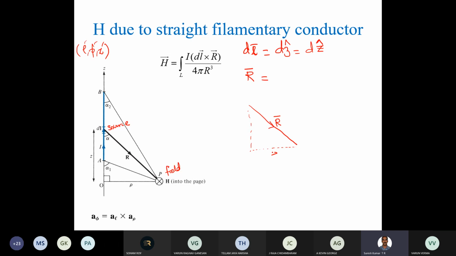This is rho, and this is z. At this point the source is present, and at this point the observer is present. So it is rho into a rho, because the radial direction is always positive, outward. And z is in the positive z axis, so it is z into a z.